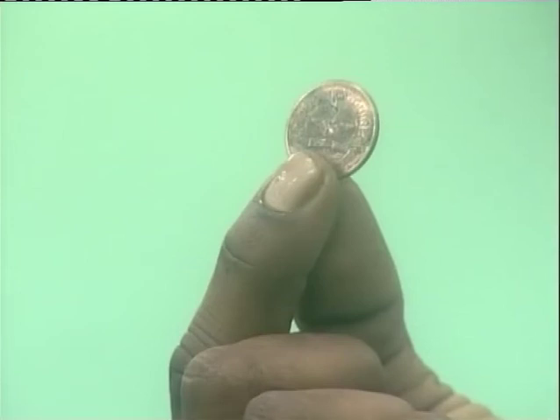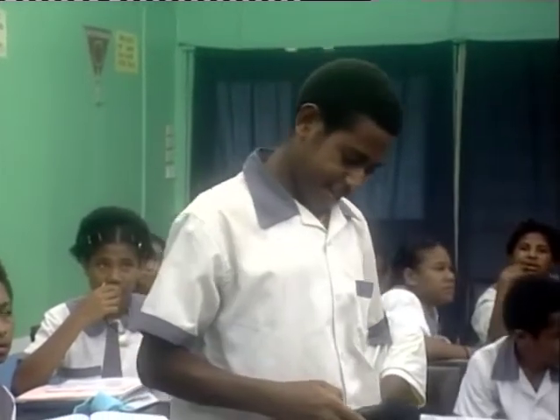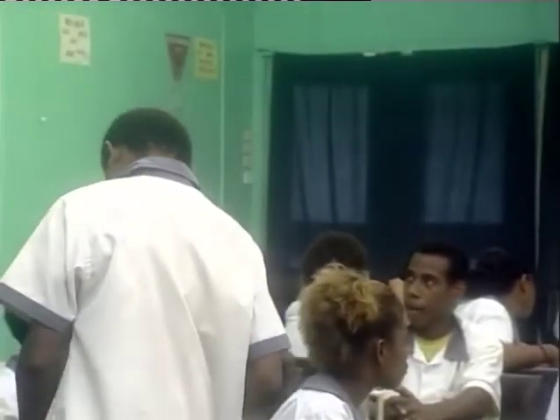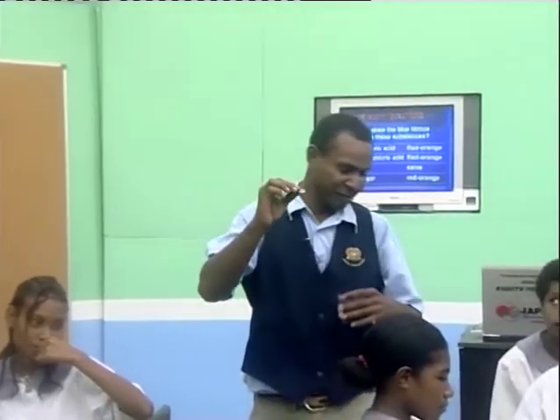We have more hands on the side. We'll have our friend here. Come to the front. Okay, tell us what you see. A little bit of black color on it. Right, thank you. Some of you may have the same answer.